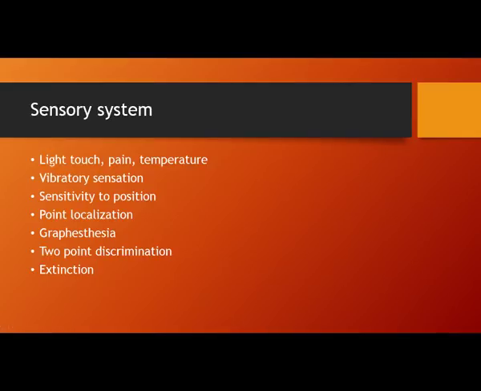Then as far as testing the sensory system, different sensations are transmitted in different spinal tracts. So if you had a lesion that's only affecting some of those spinal tracts, you could have some sensations intact, but other sensations you wouldn't be able to feel. So that's the importance of testing different sensations.